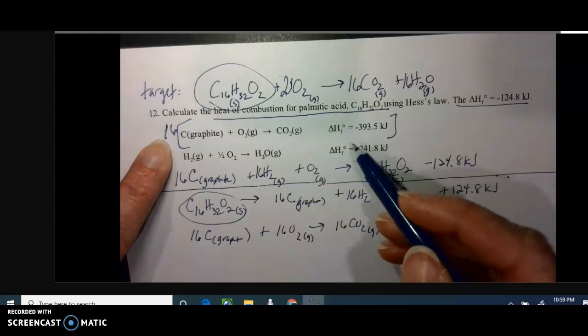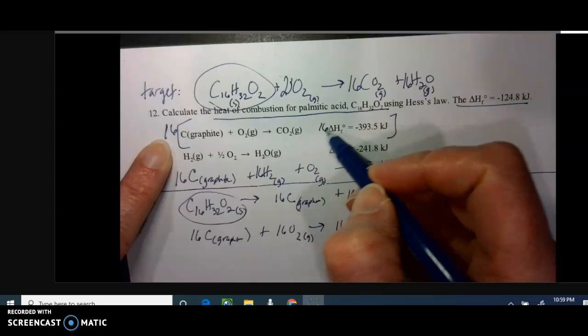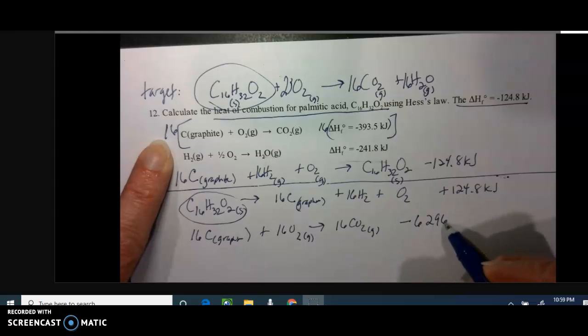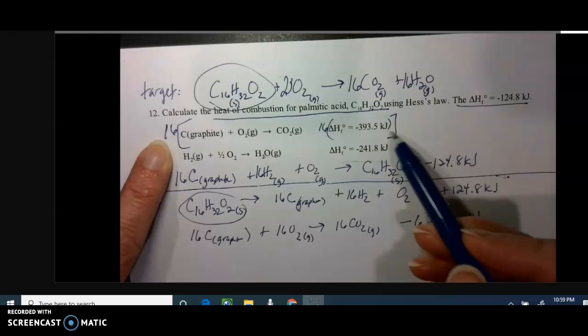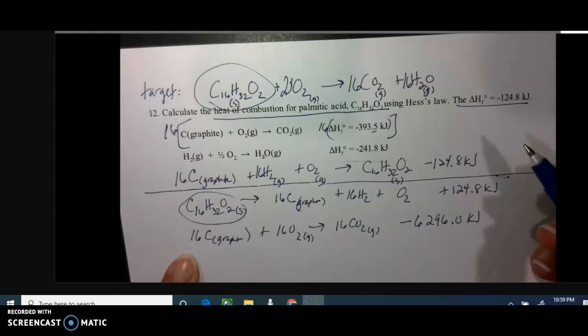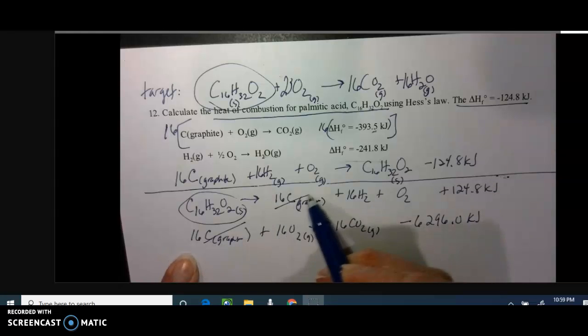Then I take 16 times this, and that gives me negative 6,296.0 kilojoules. When I'm multiplying by a whole number, I'm going to keep that place value. And that's going to cancel my graphites.